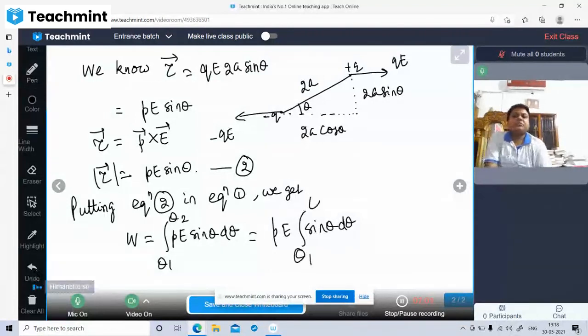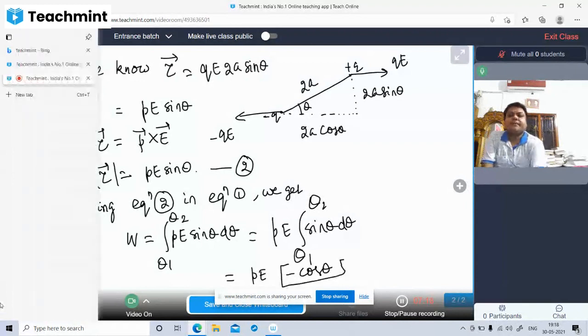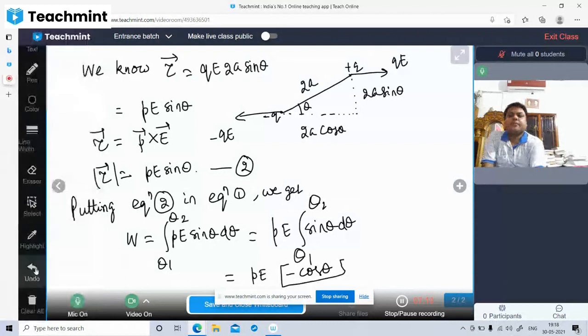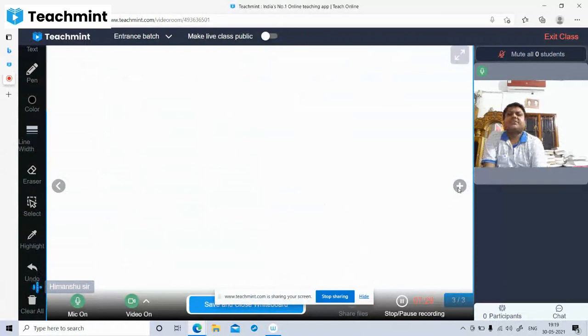The integral of sin theta is minus cos theta, with lower limit theta 1 and upper limit theta 2. The minus is taken outside of the expression.